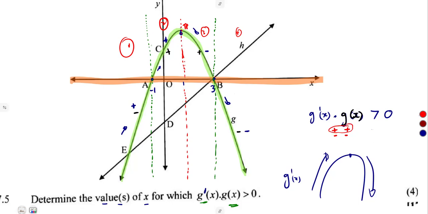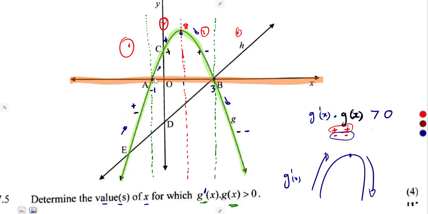So if we consider this part positive, positive, negative, negative, the region of -1, this side, it's positive, negative. The first derivative is positive, gx is negative. Remember, first derivative is the one in blue, the gx is the one in black. So we do not have a solution there.